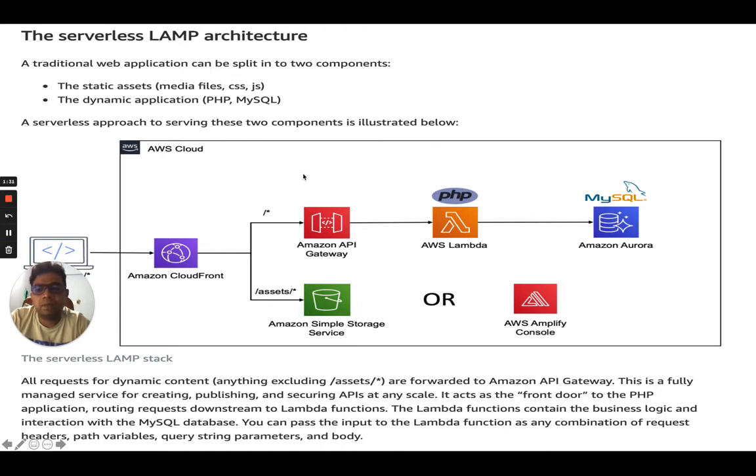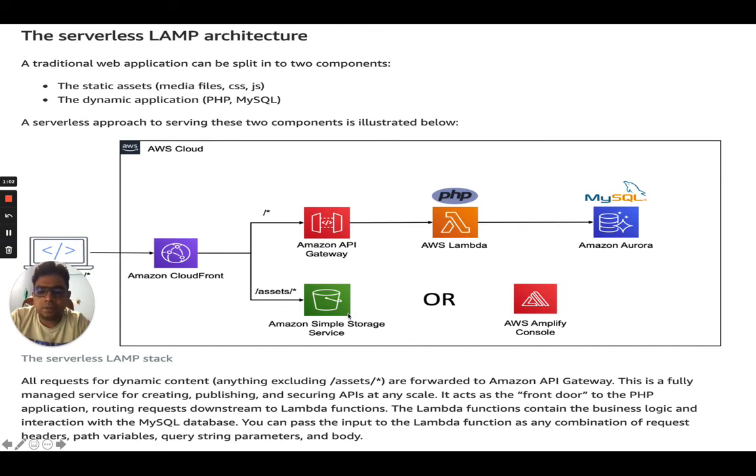I am explaining with the help of AWS Cloud, and it will be similar for other clouds as well. Then it will go to the API Gateway, and from there AWS Lambda can run the PHP code, and then AWS RDS will be there, which gets connected to the PHP code. And for the static files, a simple S3 bucket can be used.